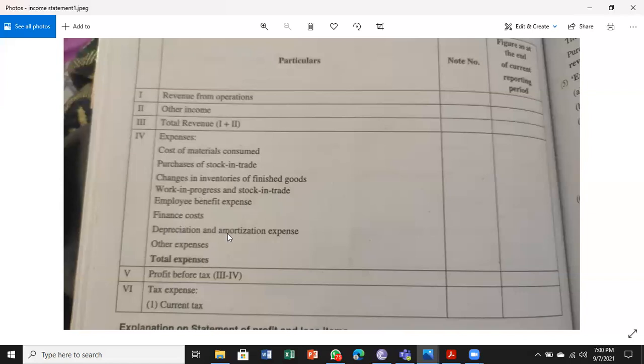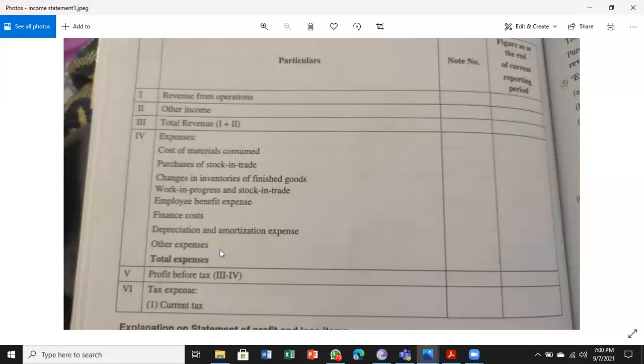Next, depreciation and amortization expense, and whatever doesn't belong to any of these categories will be put under other expenses. So you can see how many headings of expenses: 1, 2, 3, 4, 5, 6. If any expense doesn't fall under these 6 headings, then the 7th heading is other expenses.